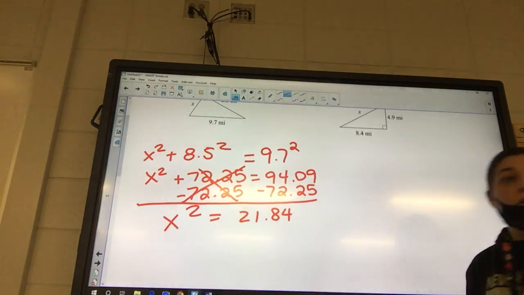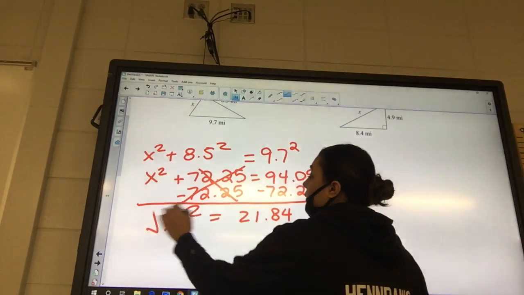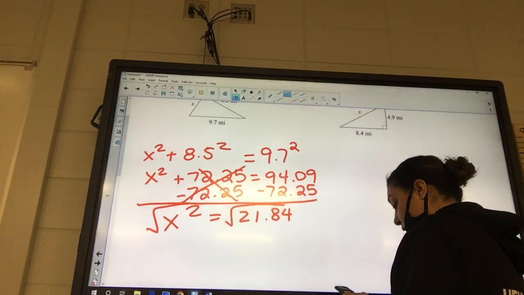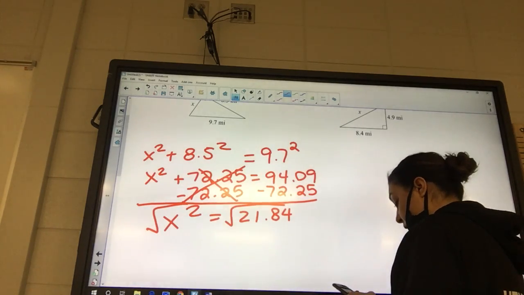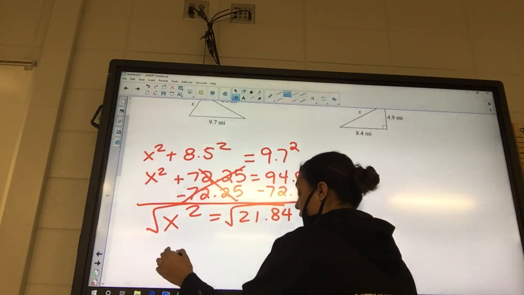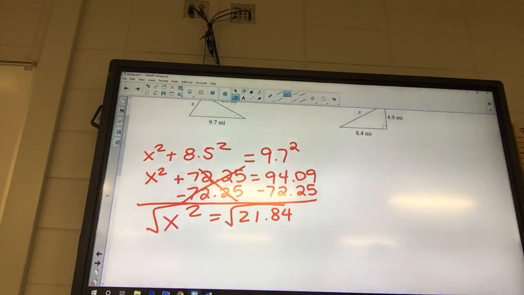21.84. And our last step is always to do what? Square root it. Okay, and for these ones, because you should have got a long decimal, write down the first two places.